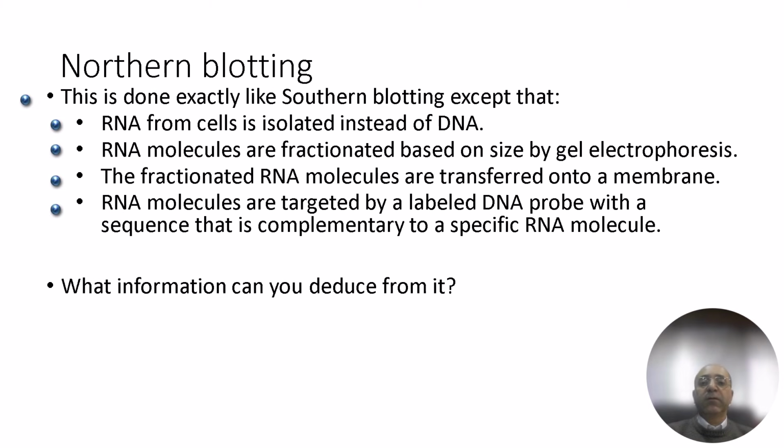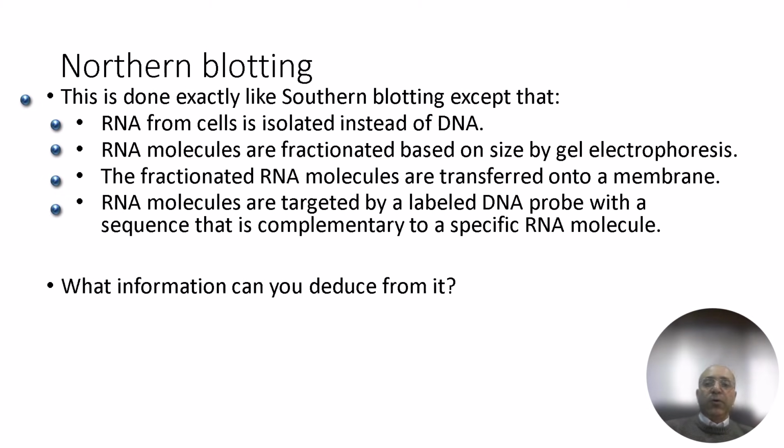They are separated according to size using gel electrophoresis. So just like separating DNA fragments, we can have different sizes of RNA molecules depending on the size of the gene, right? So we're talking about large molecules, small molecules, and RNA molecules in between.